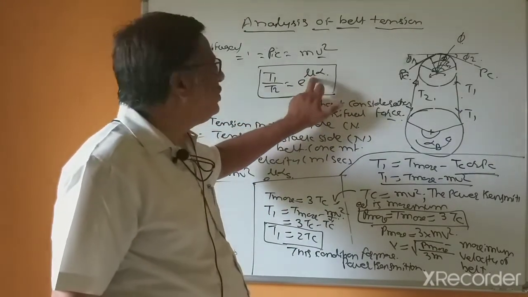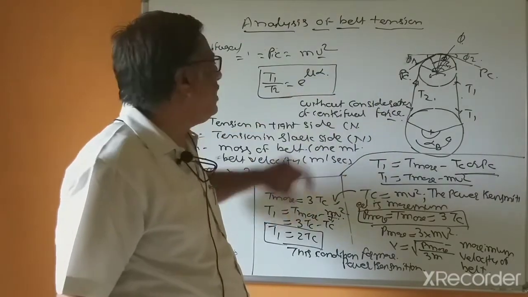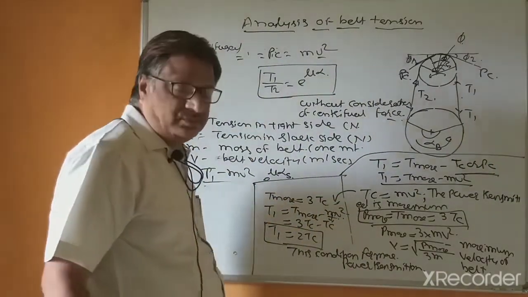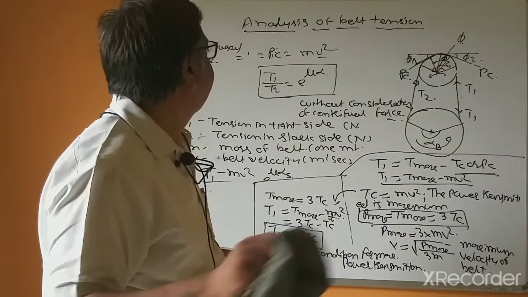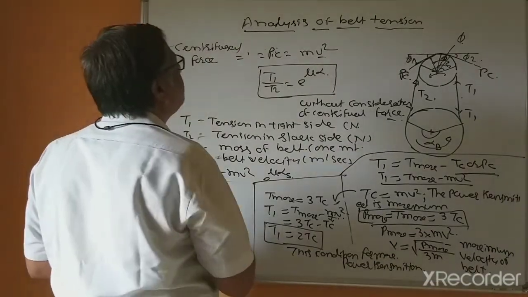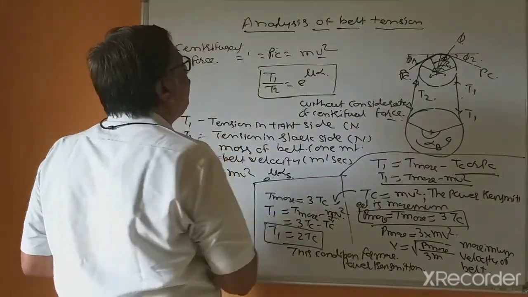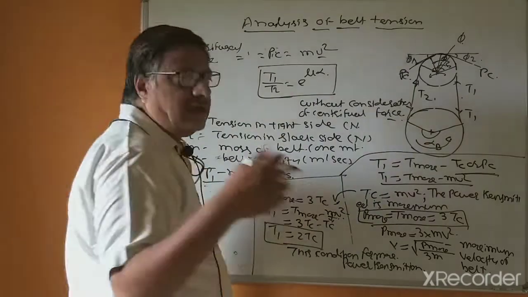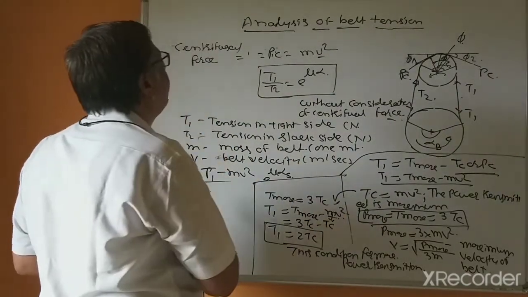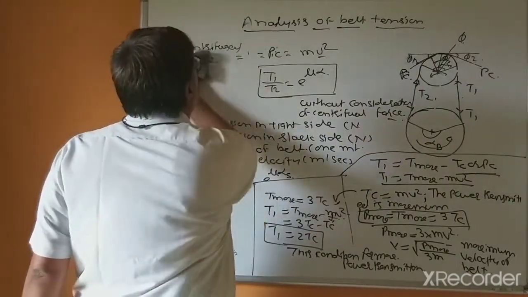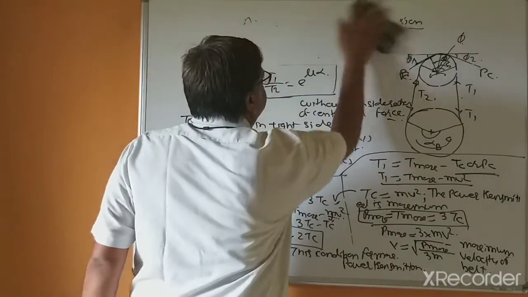So this is the coefficient of friction and this is the wrap angle of the smaller pulley or larger pulley, and this is for a smaller pulley for flat belt and larger pulley for you can say cross belt drives.